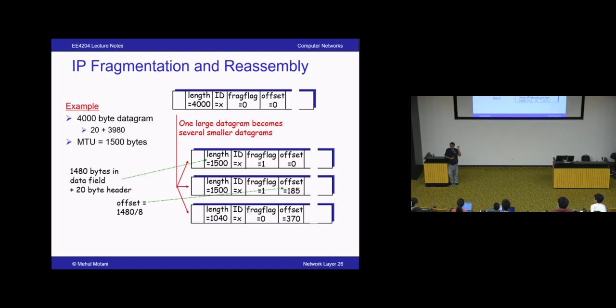Usually in this example, you don't have 2 big packets and a small packet. You have 3 equally sized packets. Why not? You could do that. Yeah, because you need to make a decision, right?